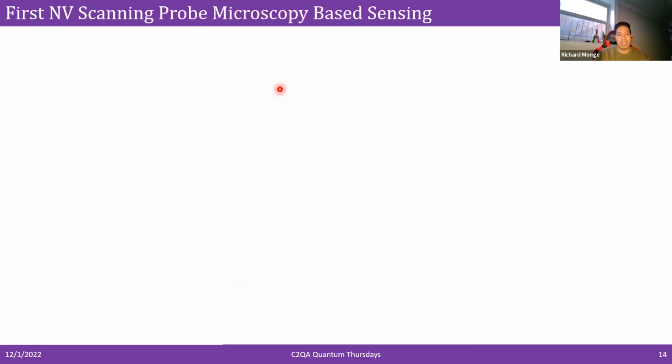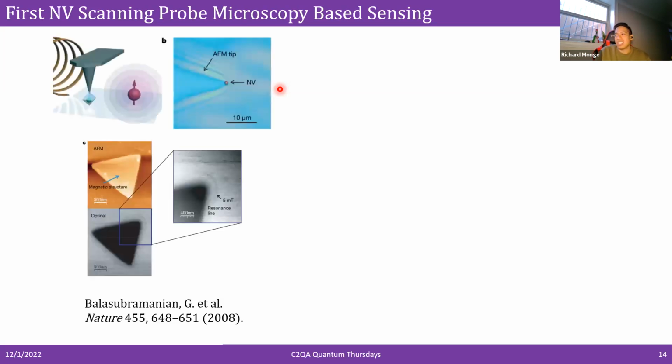So much work in the past decade has been focused on integrating the NV center into scanning probe microscopy. To my knowledge, the first known NV-based scanning probe microscopy of magnetic fields was done by Balasubramanian in 2008, this Nature paper, where they picked up a nanodiamond containing a single nitrogen vacancy center.